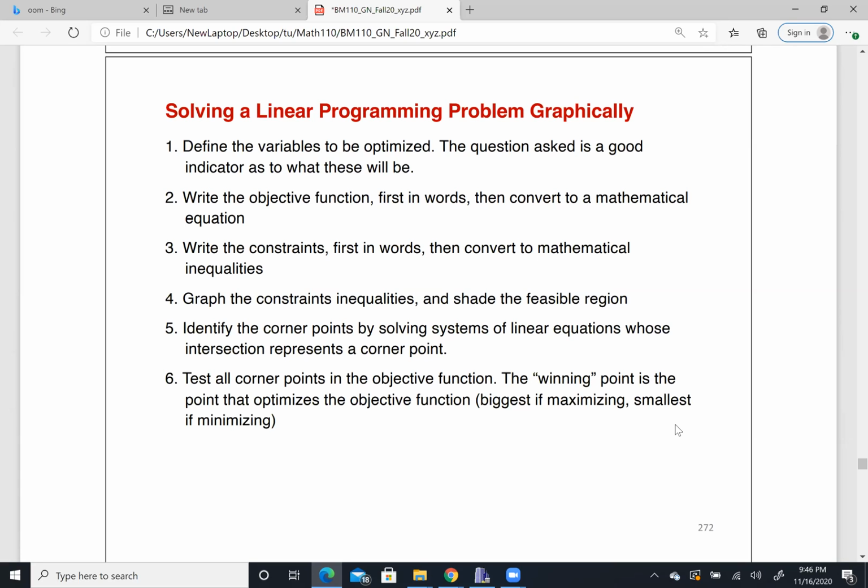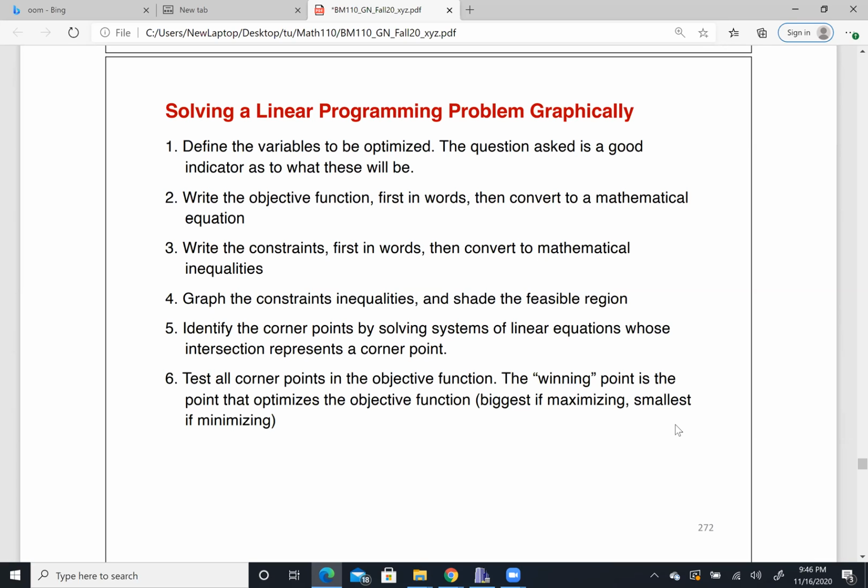Number two, write the objective function first in words, then convert to a mathematical equation, and then write the constraints first in words, then convert to mathematical inequalities.